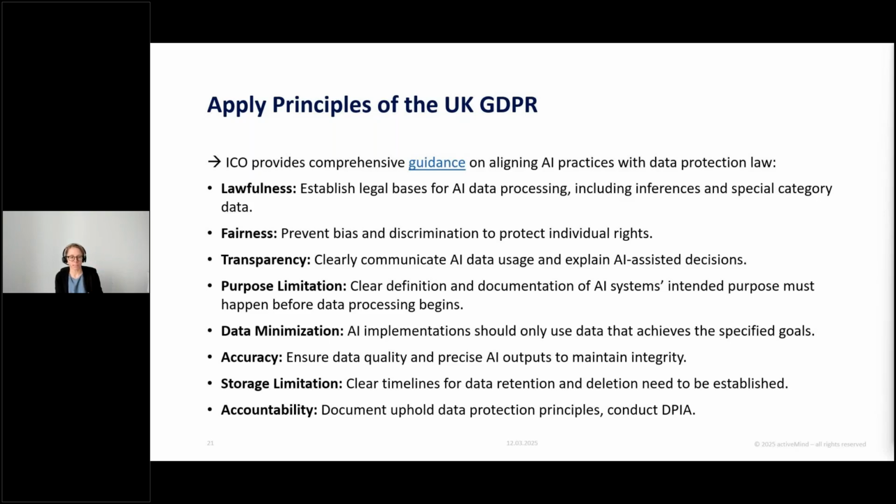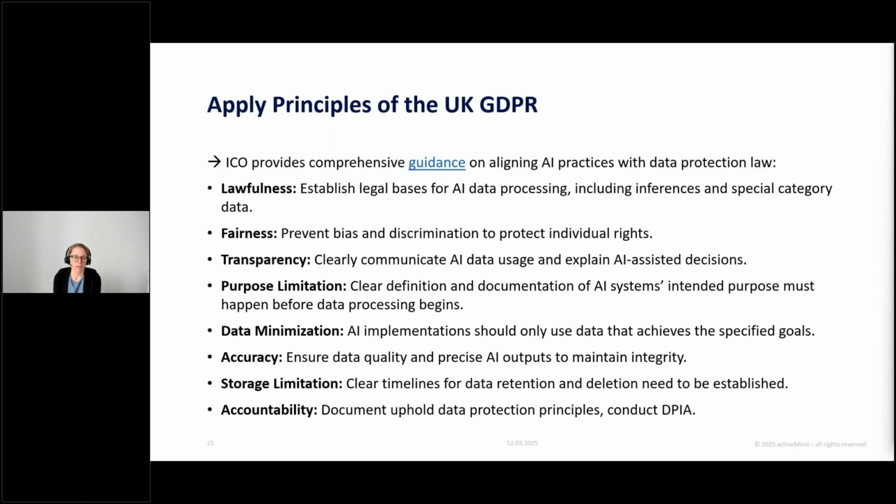You need to know the principles that apply to you when processing personal data. So once an AI system or technology is processing personal data, first of all, ask yourself, do I have a legal basis at all to process the personal data?